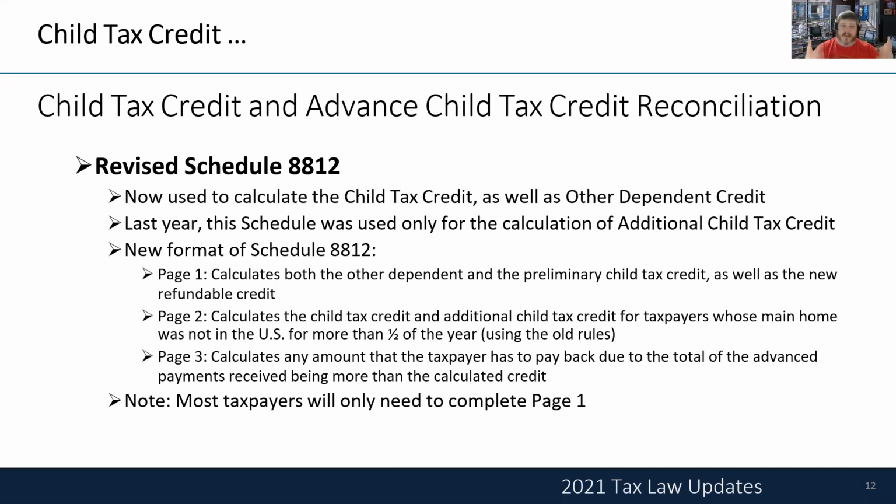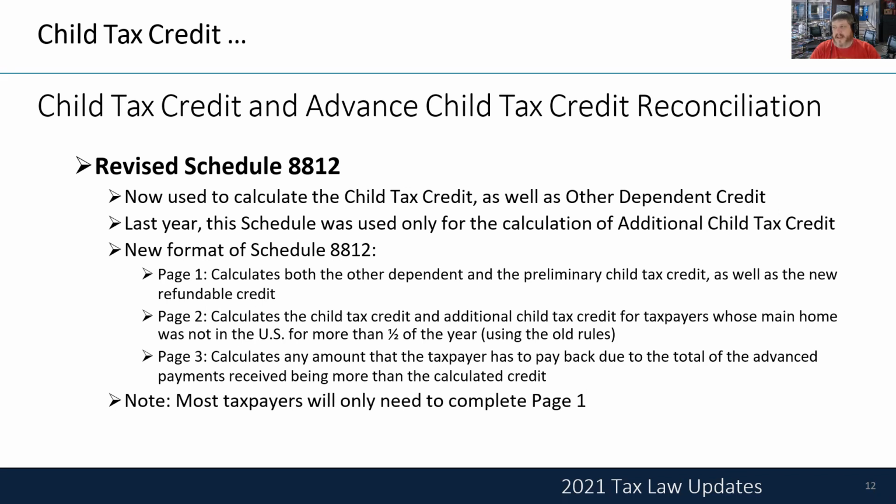So as a response to this, the IRS has had to redesign the 8812 in its entirety. It is now used to calculate child tax credit as well as the other dependent credit. Previously, it was only used to calculate the additional child tax credit, so the refundable part of the child tax credit. It is now 3 pages long.